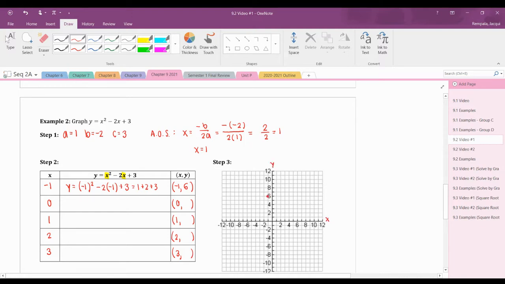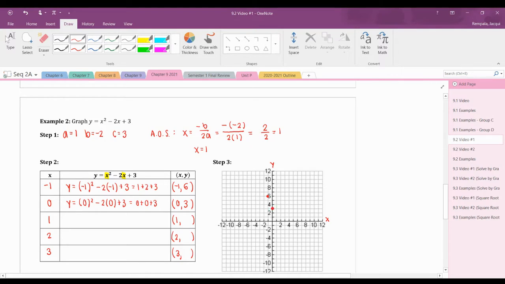There's my point. If I was to plug in 0, so 0 quantity squared minus 2 times 0 plus 3, all of the terms with 0 are going to stay 0, and then I'm adding 3, so we'll have the ordered pair 0, 3. So 0 means I don't move left or right. 3 means I move up.